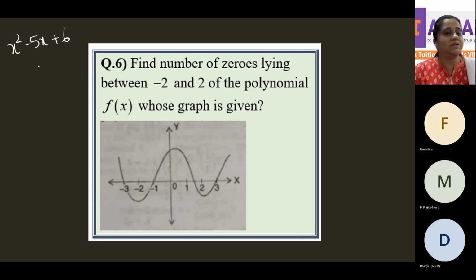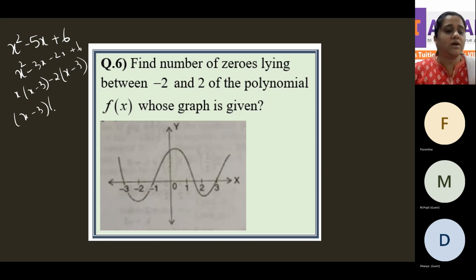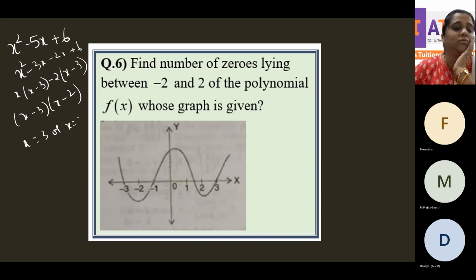What will be the two values for x here? x square minus 3x minus 2x plus 6. So x into x minus 3 minus 2 into x minus 3. So you get x minus 3 into x minus 2. So x is equal to 3 or x is equal to 2. Now that means 3 is a 0 and 2 is a 0.